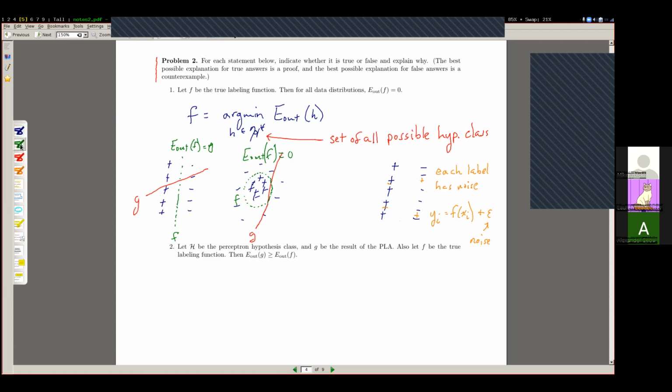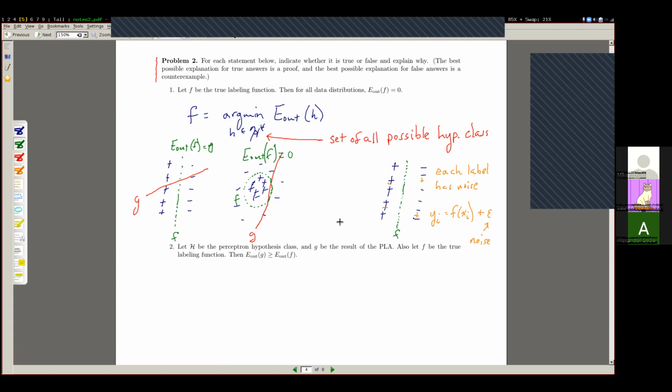And no matter what f you draw, there's just no way to account for this noise. If that is my f, that's still the best possible function, but there's no way to account for these noisy labels, these negatives and these pluses that have just somehow randomly been flipped by this noise.